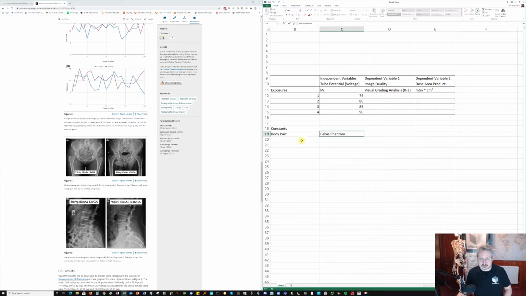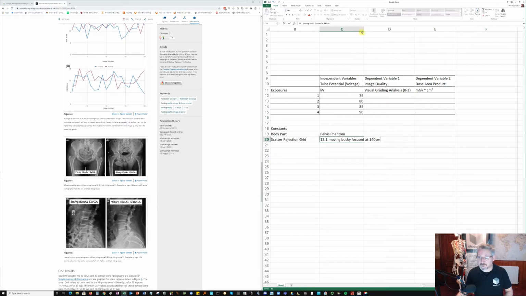Next, they probably had a source image distance. Oh, they'll have had a grid, a scatter rejection grid. Now we're going to use a 12:1 moving grid in a bucky, which will be focused at 140 centimeters.